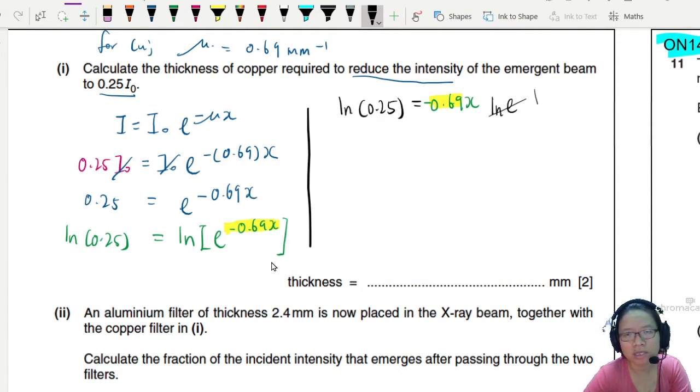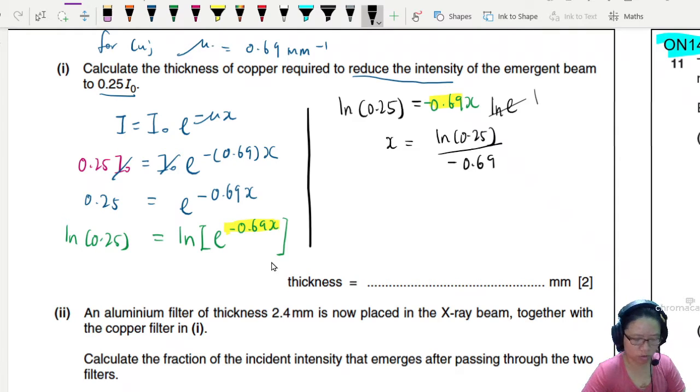So now I can press down. X will be equal to ln 0.25 divided by negative 0.69. If we press the calculator for this, ln 0.25 over negative 0.69, you will get 2.009, positive.